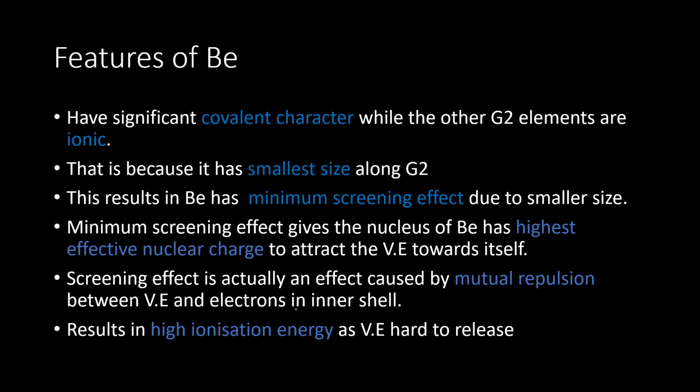This results in high ionization energy in the beryllium atom, because ionization energy is the minimum amount of energy required for the atom to release its valence electron. If beryllium strongly attracts its valence electrons, we need more energy to release them. That's what high ionization energy means. So let's move to the next slide.